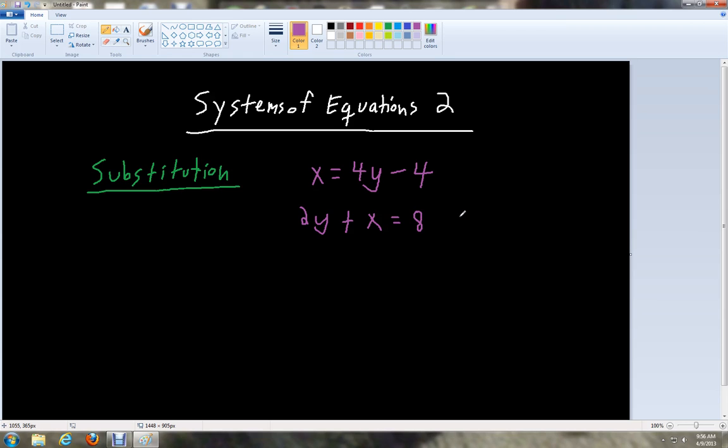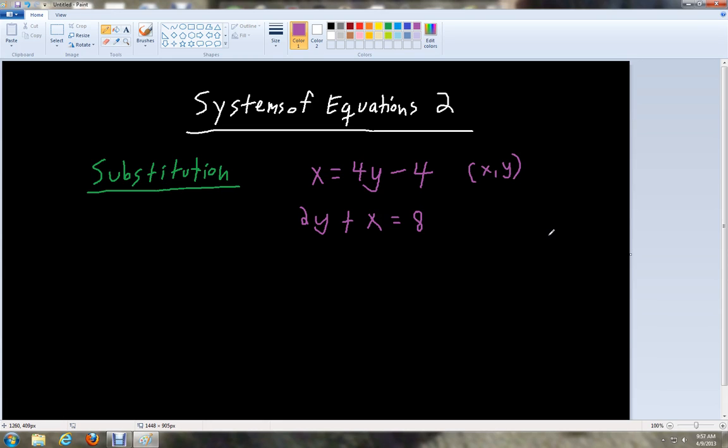So I have two equations, x equals 4y minus 4 and 2y plus x equals 8, and I want to solve for x and y. I want to figure out what the ordered pair is.